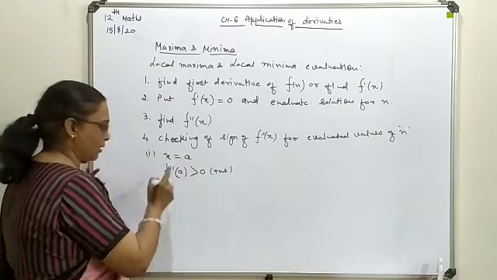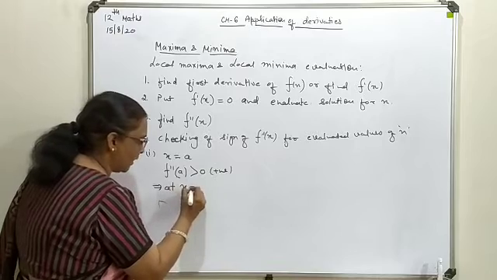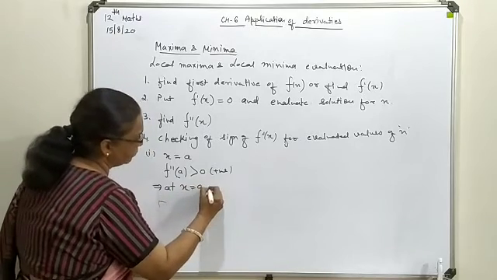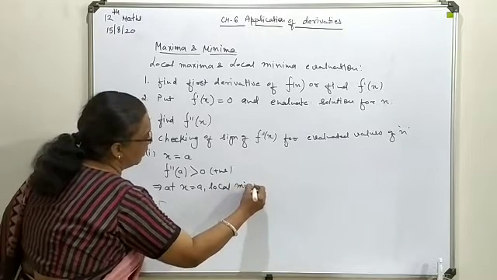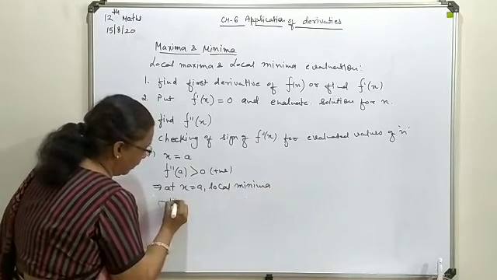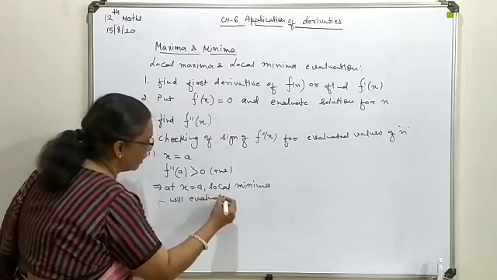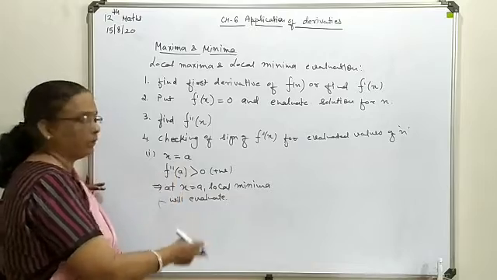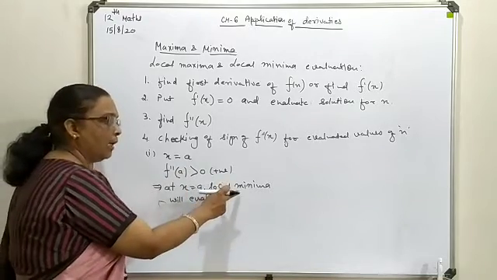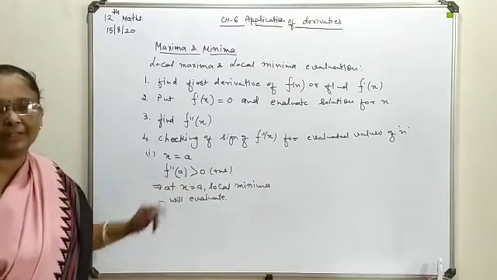If it is positive, then you will put a comment that at x is equal to a, local minima will evaluate. Don't be confused. Here we are using the reverse order. When it is greater than 0, local minima will evaluate. This is not the local minimum value.